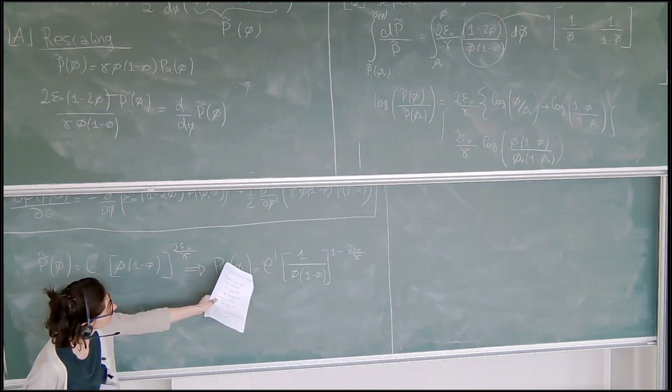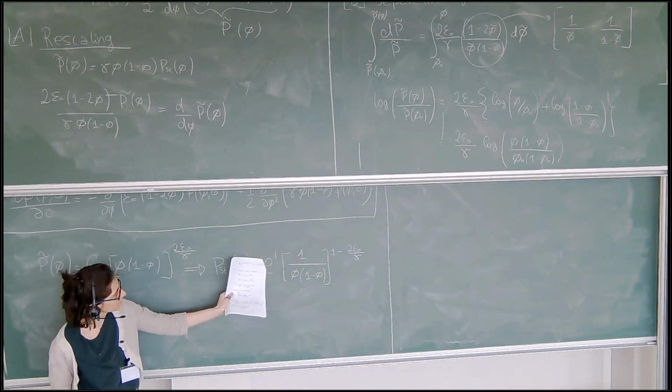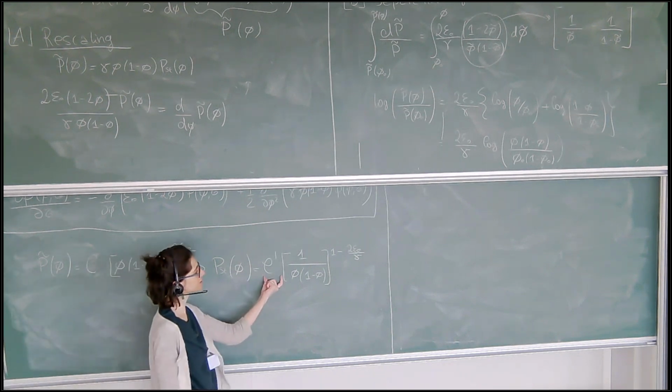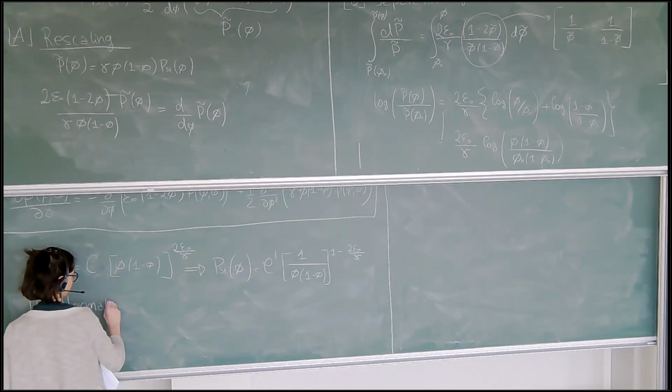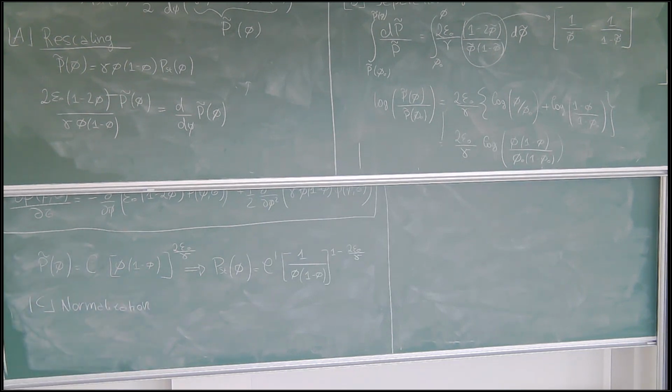So all of the constants which did not depend on phi, I encoded them in C prime. And the reason why I don't need to care about those is that I can fix the global constant now by simply normalizing my distribution. So this is step C, which is normalization.